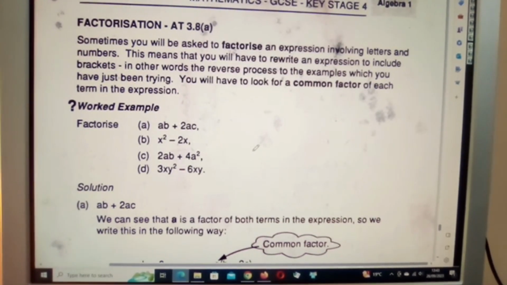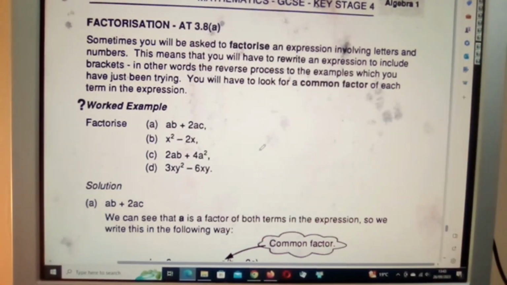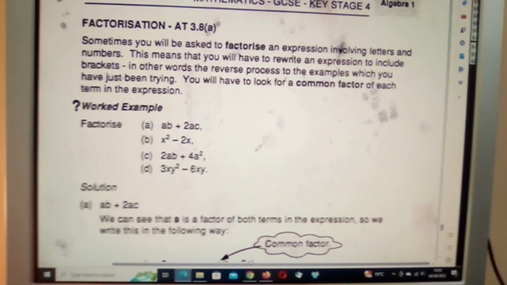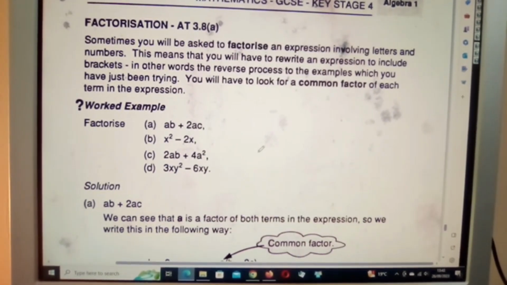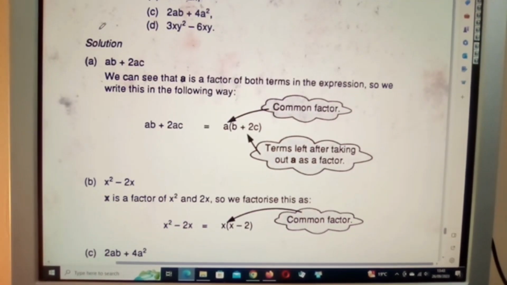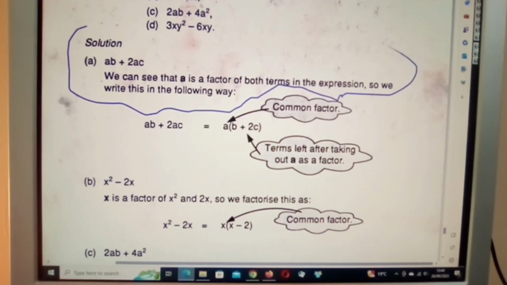Now factorization. Factorization is very important because you're going to do a lot of that. I'm going to be looking at this in more depth, but for the time being, look at the solution here. Look at what they've done. Look at what solution they have employed. Look at the question first, and then decide how you're going to tackle it.